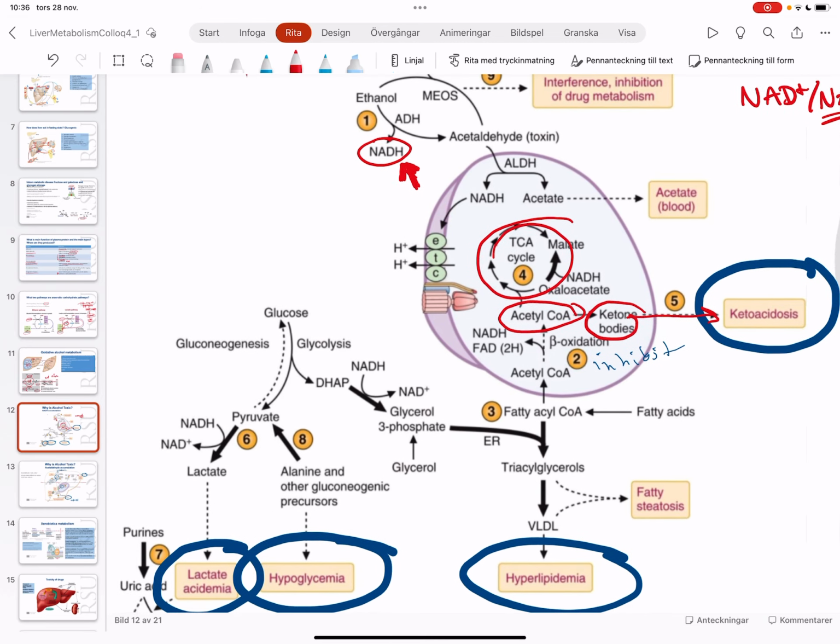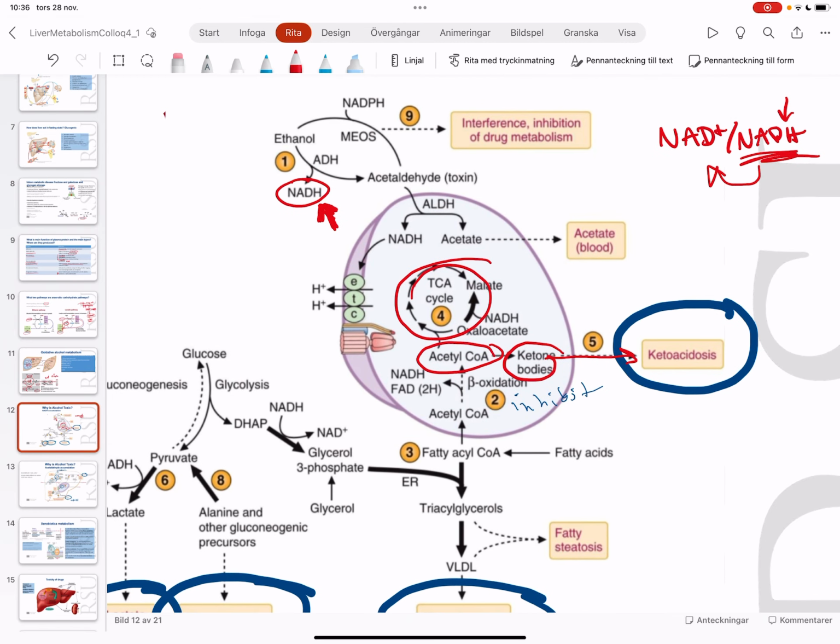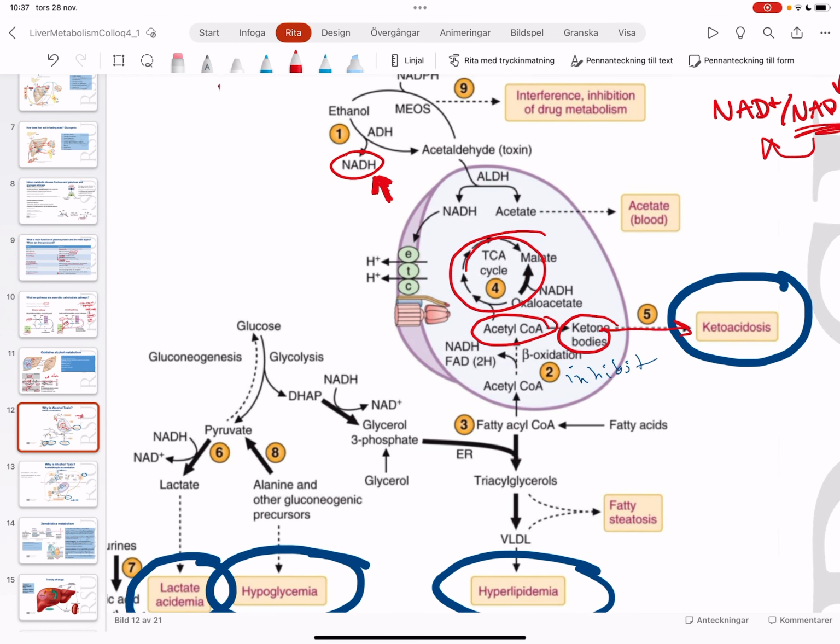Another thing that will happen is that the body now wants a balance between these two, right? So glycolysis will happen at a much higher rate to form pyruvate and then later form lactate. Why? Because when we form lactate, we will form NAD plus. That's an attempt for the body to neutralize the NADH, NAD plus imbalance.